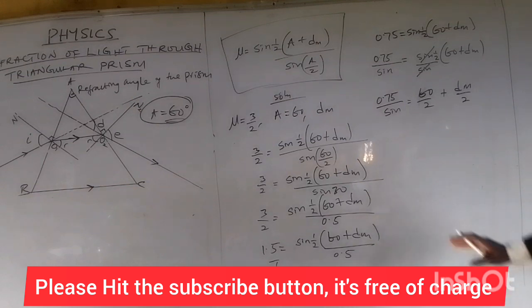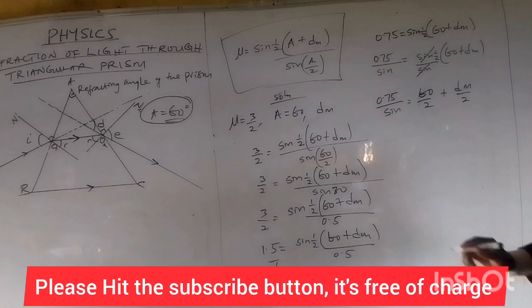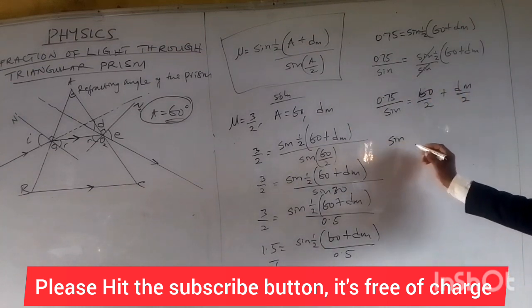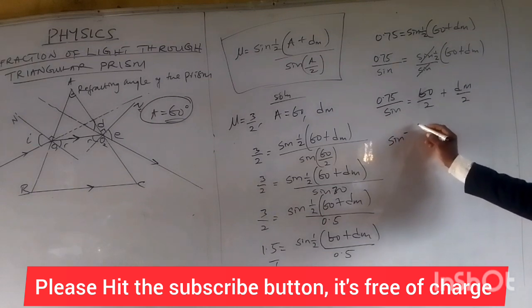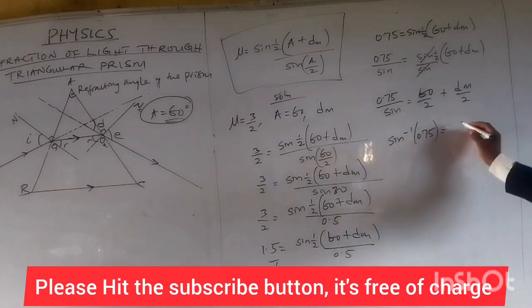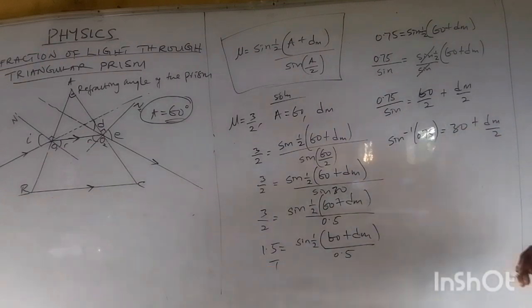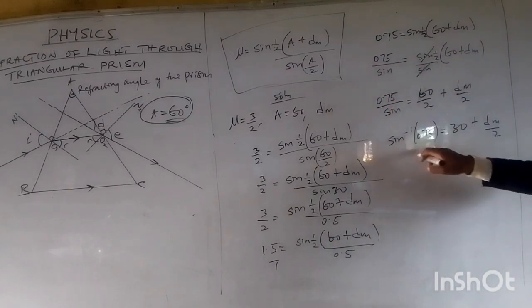At this point, we can take the sine inverse of this. If we take the sine inverse of this, we will now have sine inverse of 0.75 is equal to 30 plus D min all over 2. Remember, this over this means sine inverse, that is why we have to take the sine inverse.